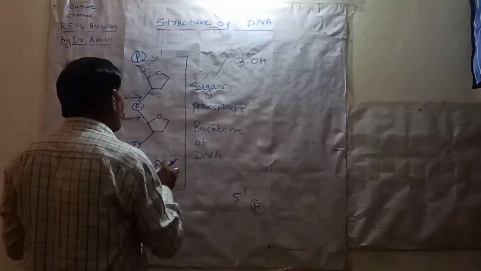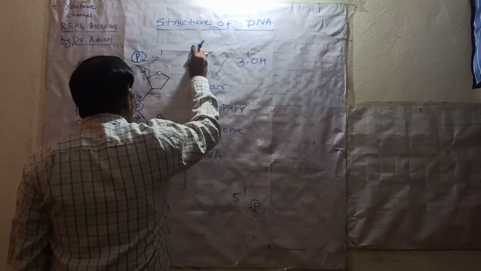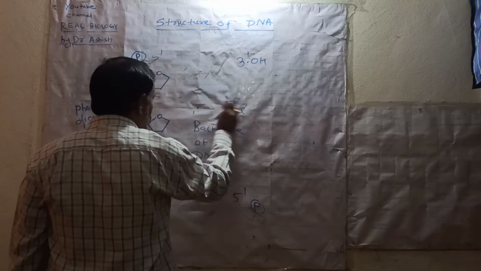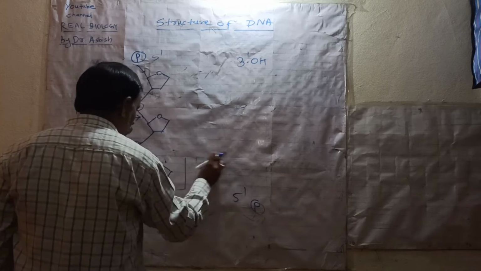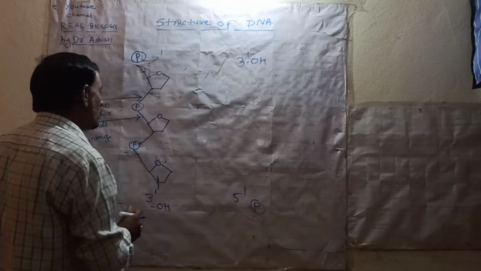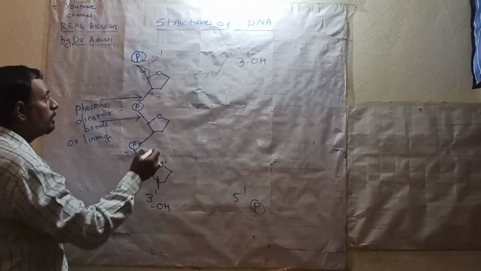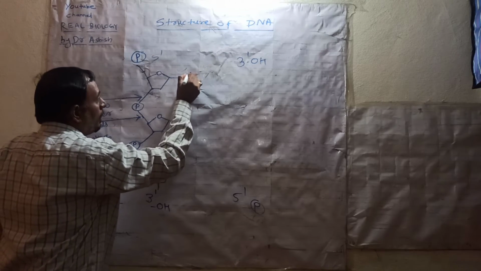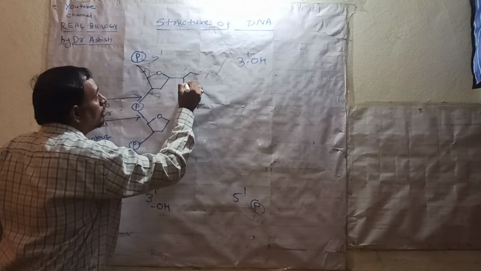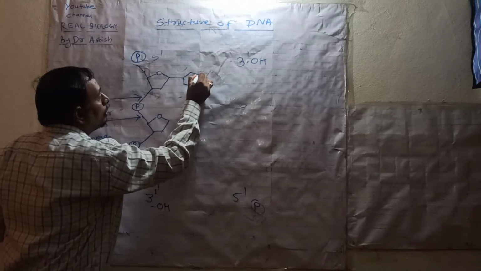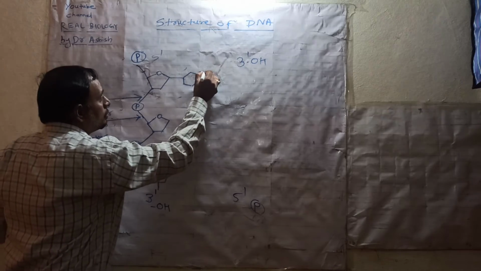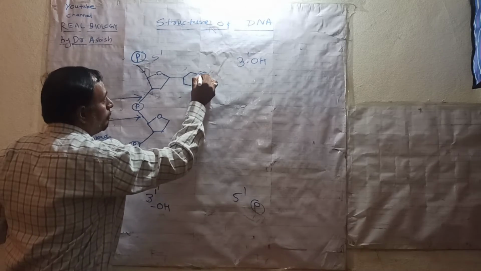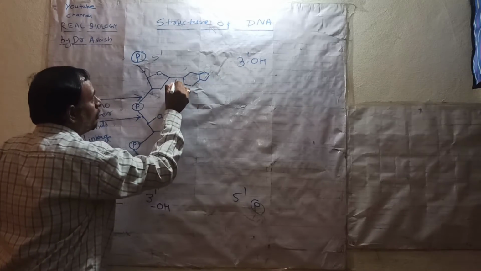Then how do these sugars join the bases? Let's see. These sugars join the bases with the help of a bond known as the beta N glycosidic bond.